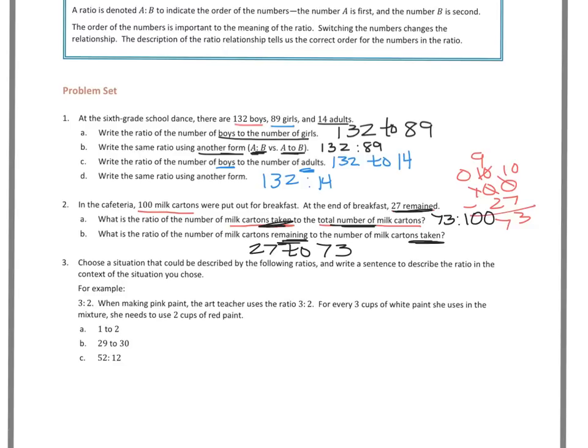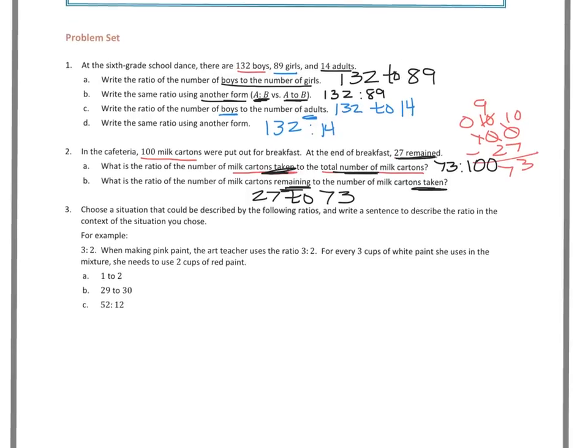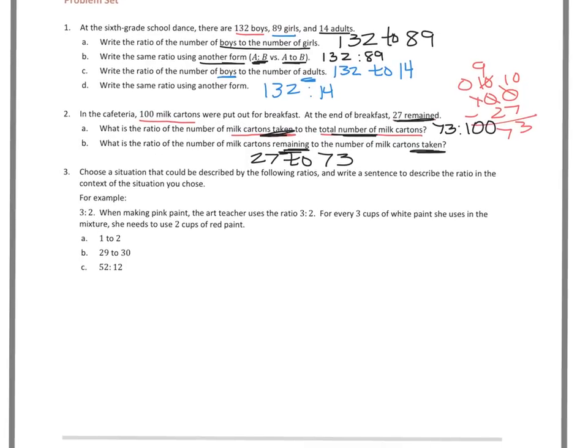Let's take a look at our very last question. Choose a situation that could be described by the following ratios and write a sentence to describe the ratio in the context of the situation you choose. So they gave us an example of 3 to 2. So here's one. When making pink paint, the art teacher uses the ratio 3 to 2.